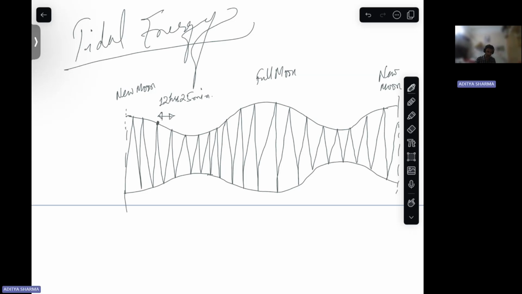Because let's say this is your high tide. Point A is your high tide, then point B is your low tide, right? Then again, let's call this A1 and B1, then A2 and B2.